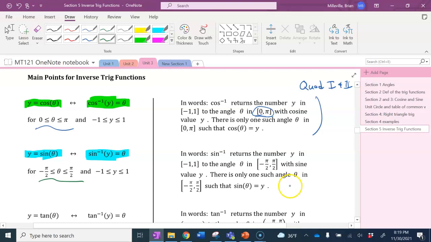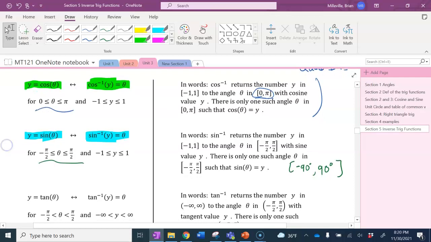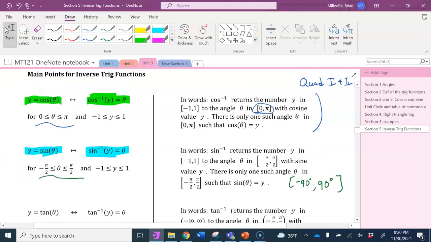Thinking about that in terms of degrees, that would be from -90 degrees up to positive 90 degrees. That's going to be quadrants 4 and 1, as we're going to see shortly. Again, really focus on the left side of this line and the equivalence.